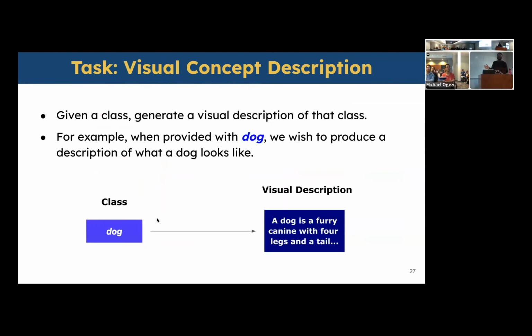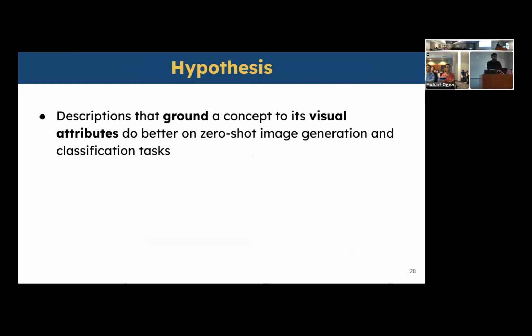So what is the task in this project? The task, what we call visual concept description, is simply that given a class, we want to generate visual descriptions for that class. For example, when provided with dog, we wish to produce a description of what the dog looks like. Again, we're focusing on visual attributes like we did before.